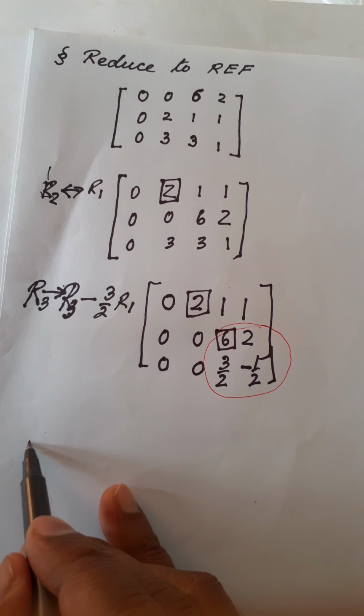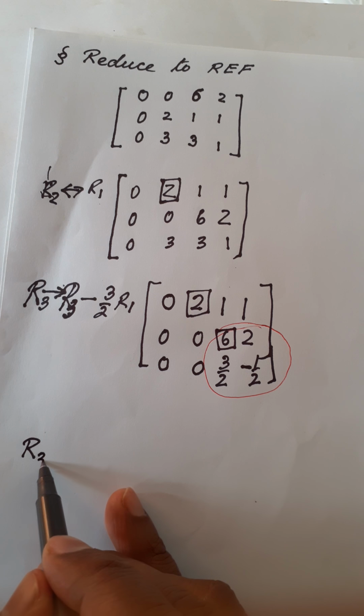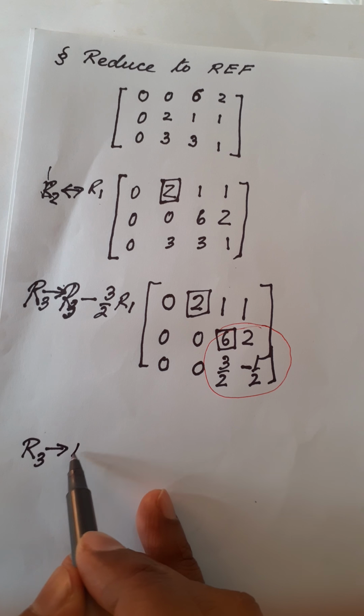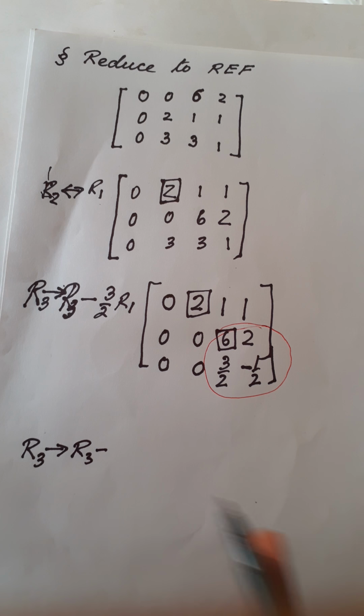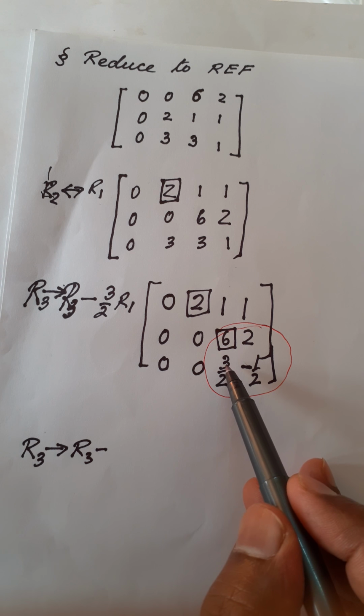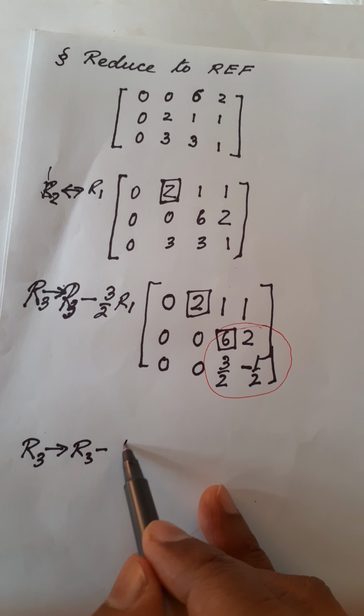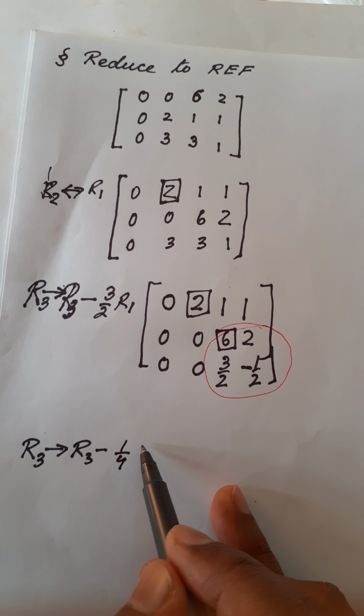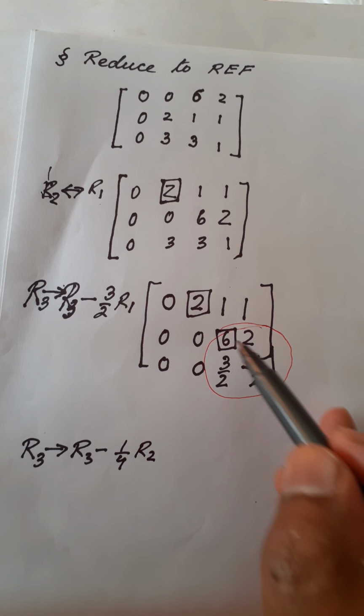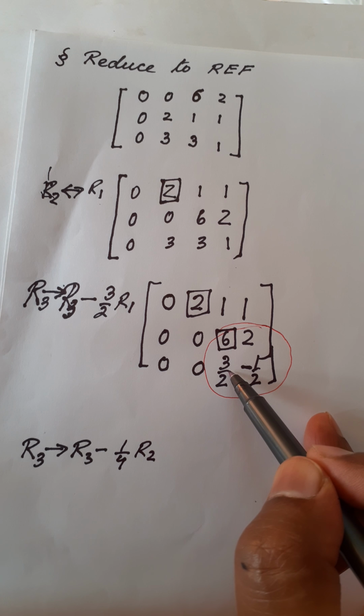How can I do this? I will apply the operation R3 goes to R3 minus 1 by 4 times of R2, because 6 by 4 is equivalent to 3 by 2.